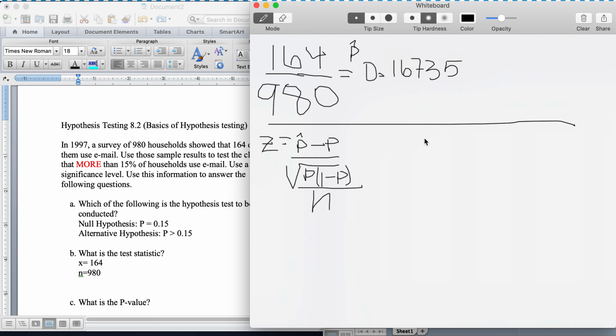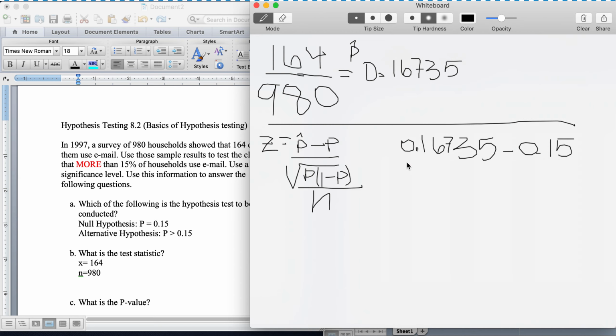So to plug this all into the equation, it will be P hat, so that's 0.16735 minus 0.15.